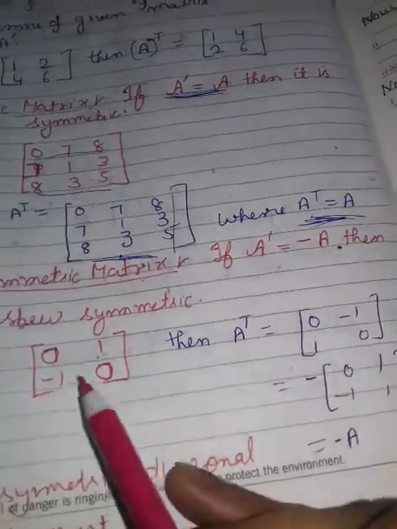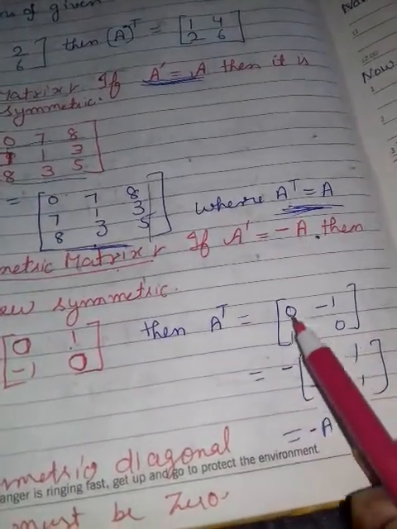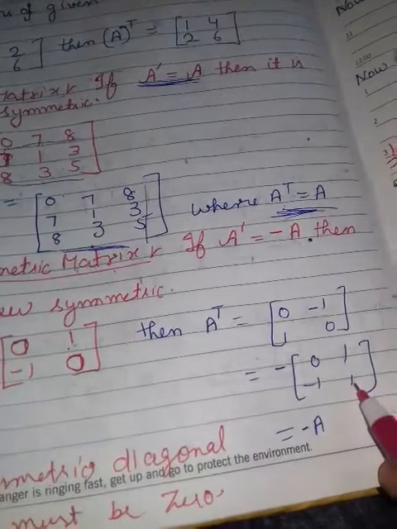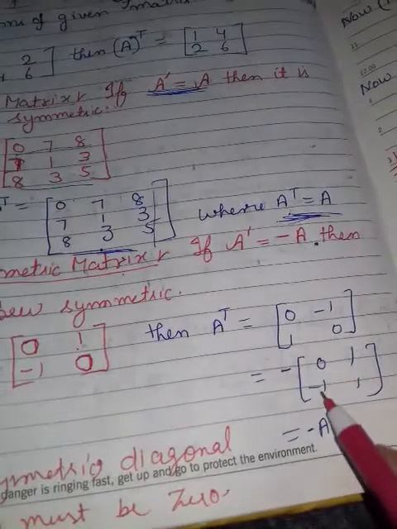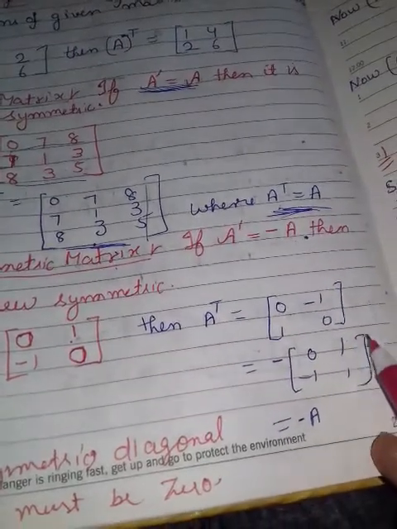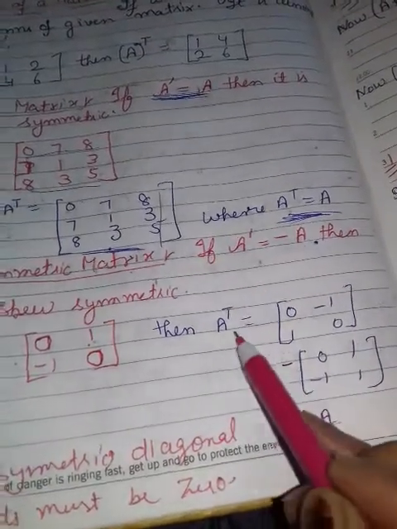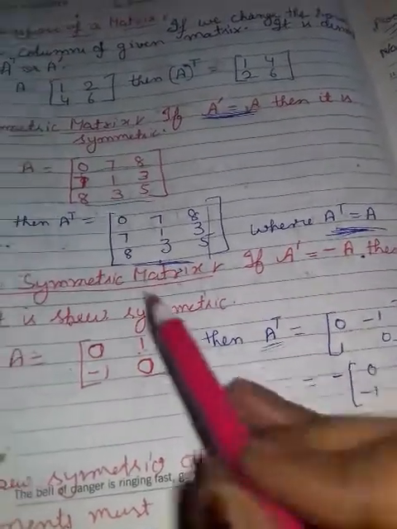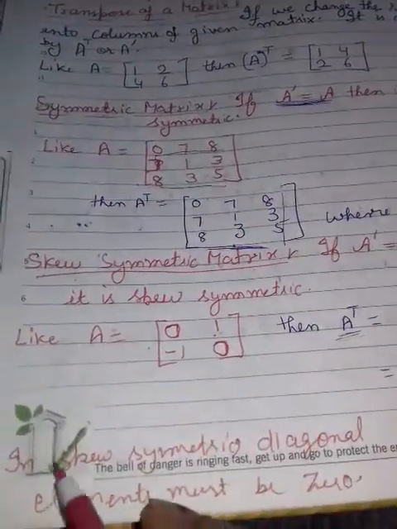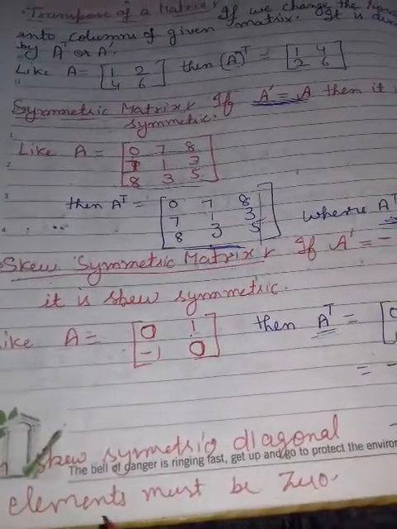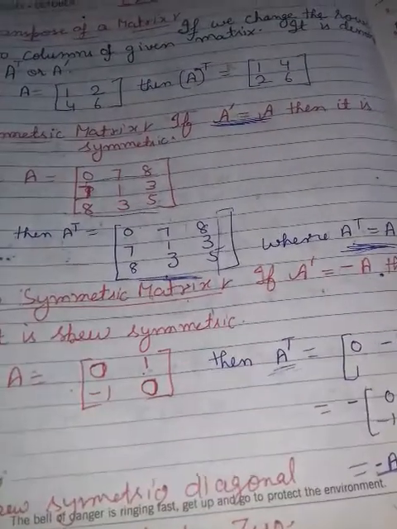Now you will see it is not equal. But if I take the negative sign common, then 0 will not be affected, but the signs will be altered. Which is positive will become negative, negative will become positive. Now you see this is your A. So A transpose is equal to minus A. This is known as skew symmetric. Remember this thing. In a skew symmetric matrix, diagonal elements must be 0. Remember, the principal diagonal will always be 0.